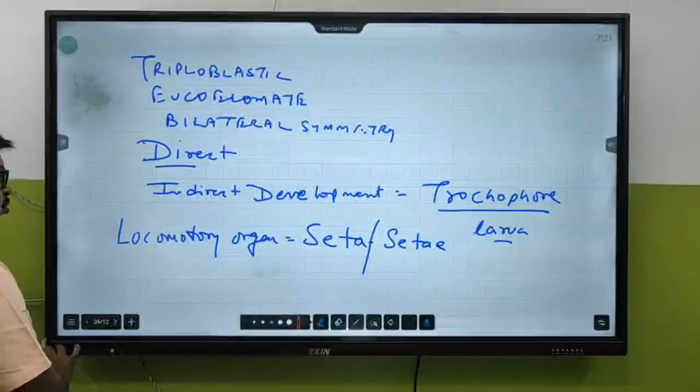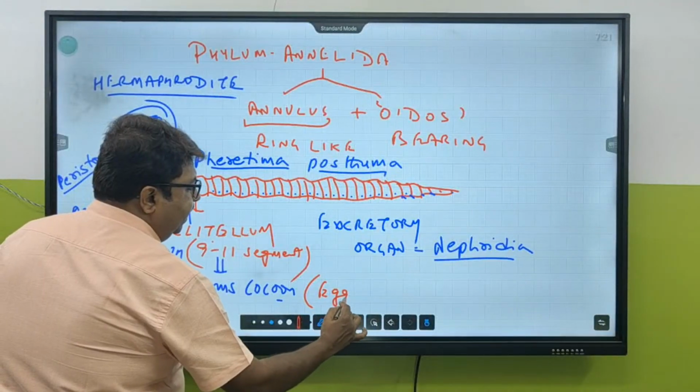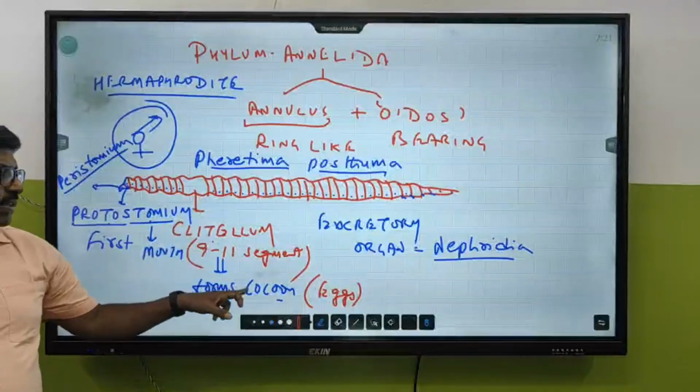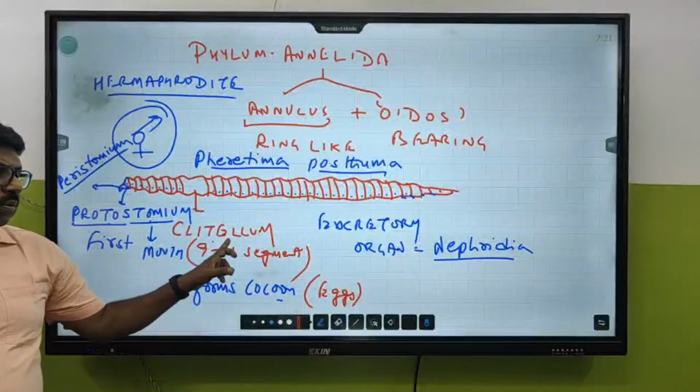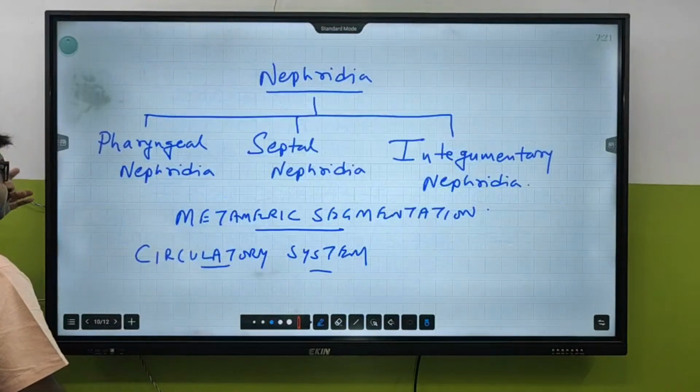Remember cocoon? Inside the cocoon, eggs are present. What is the structure which makes this cocoon? Clitellum. Very, very important. Clear?